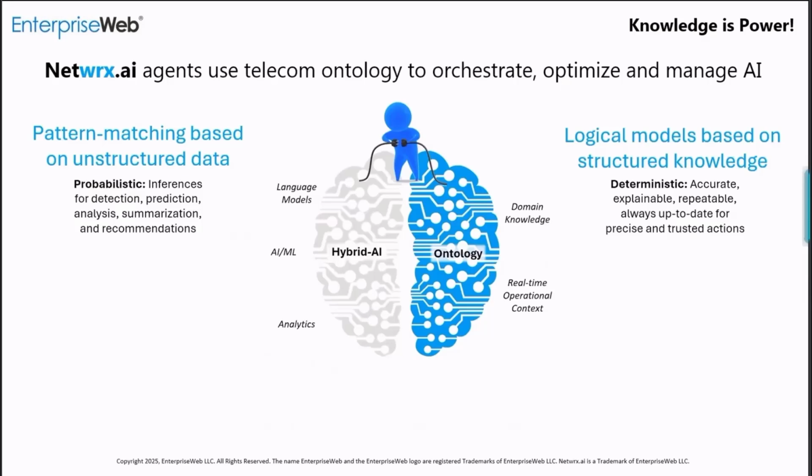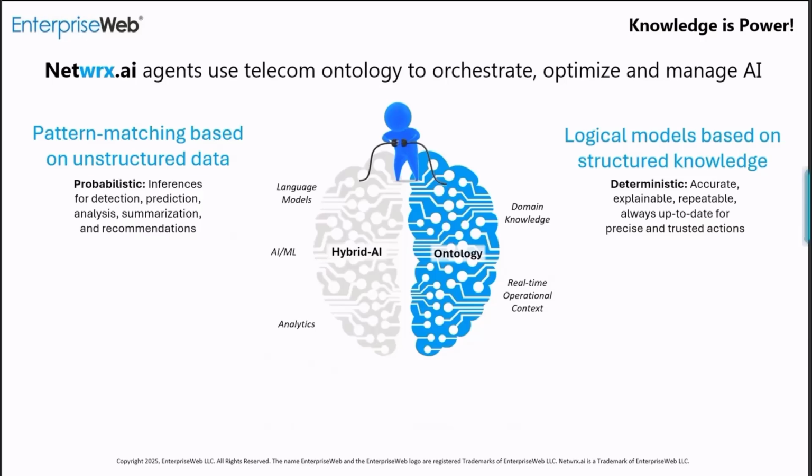And also, we want to support more than one LLM, not just LLMs, but domain-specific models, large language models in the cloud, on-premise, et cetera. We also want to support AI, ML, and RL. So think of the ontology being on top, and the AI are just other endpoints. They're just API calls that the agents are going to make using the ontology, just like a tool call. So this is a very different architecture.